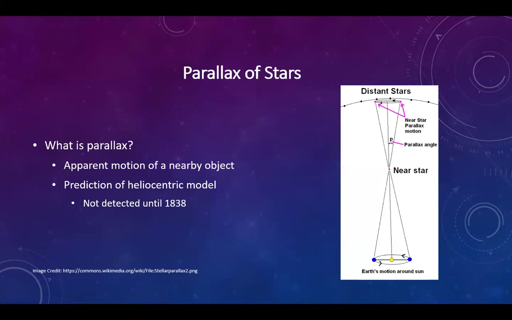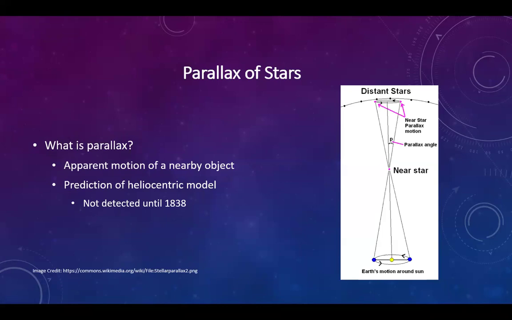The size of parallax corresponds to how far away things are. The further away something is, the smaller the parallax. And stars are a really long way away. So the nearest star to us, between January and July, between opposite sides of the Earth's orbit, has a parallax of less than 1 arc second.